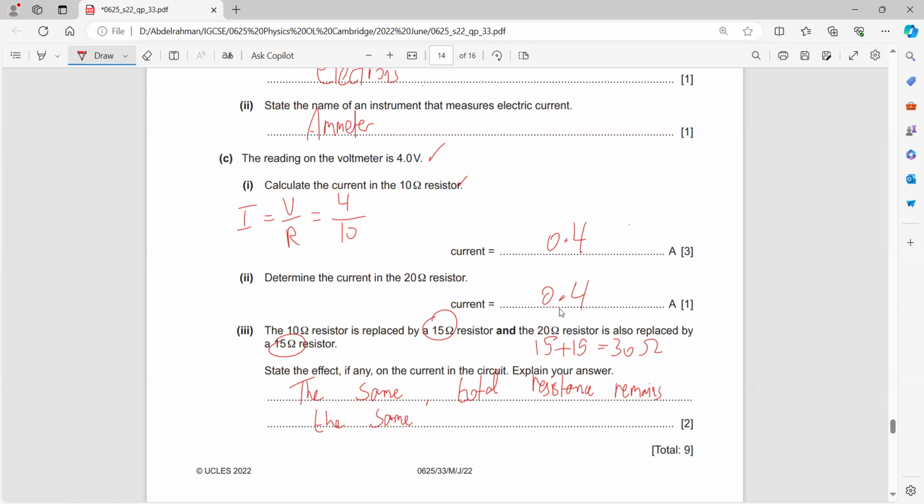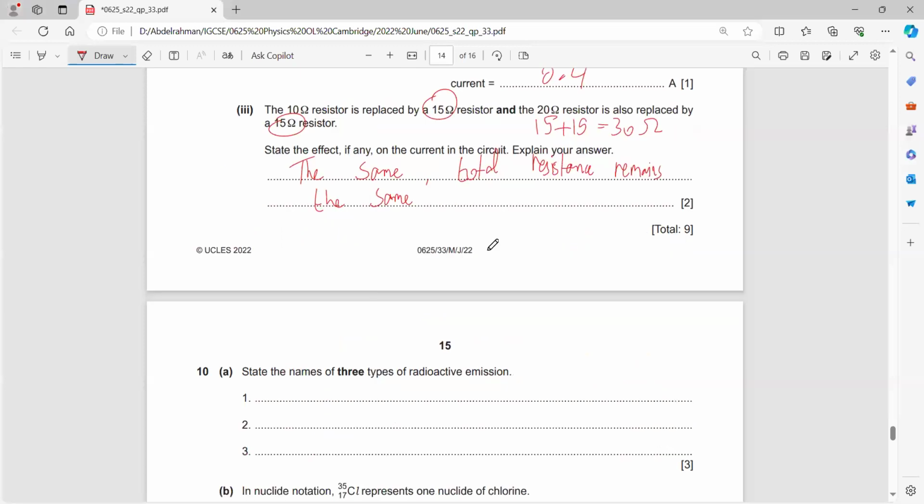If the total resistance increases, what happens to the current? It decreases. If the total resistance decreases, what happens to the current? It increases. Right? Good, bravo.